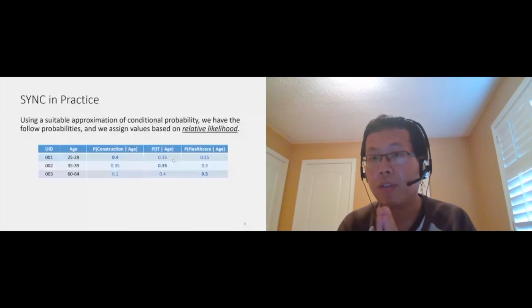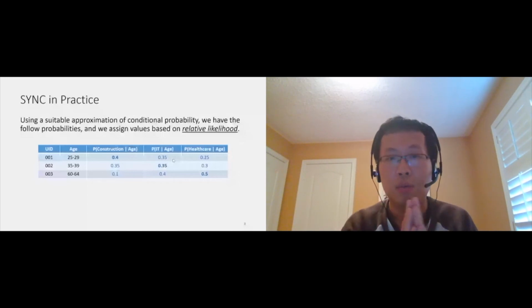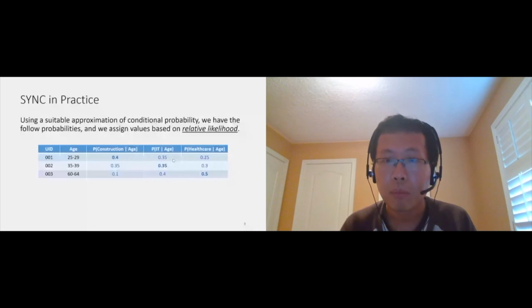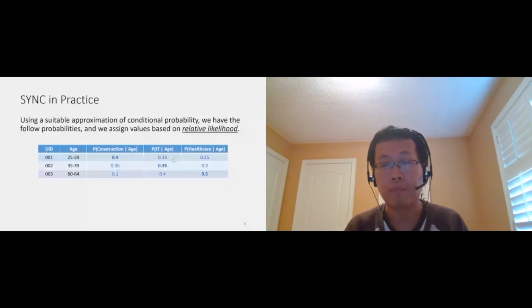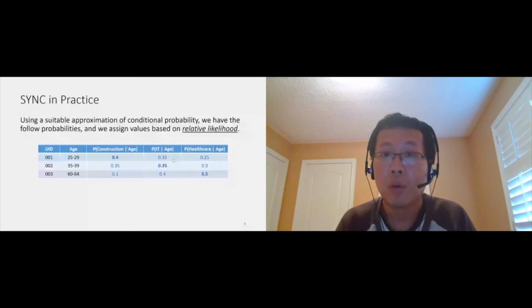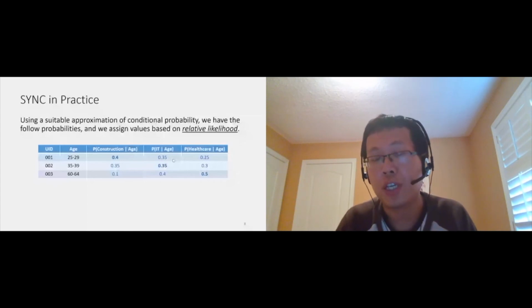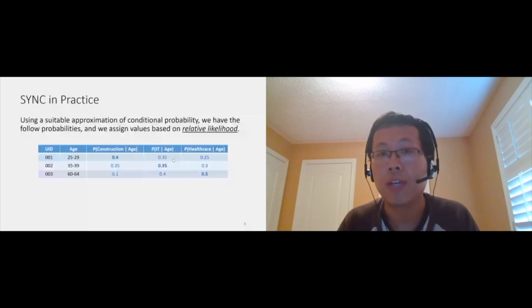And the probability of them being a healthcare professional, given the age, is 25, let's say. We do that for everyone. And now we look at the relative probabilities. So for the first person, we see that he or she is most likely to be a construction worker, given the matrix we've calculated. So we'll assign that value.